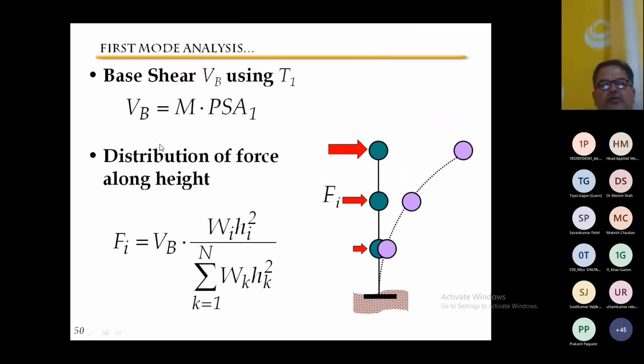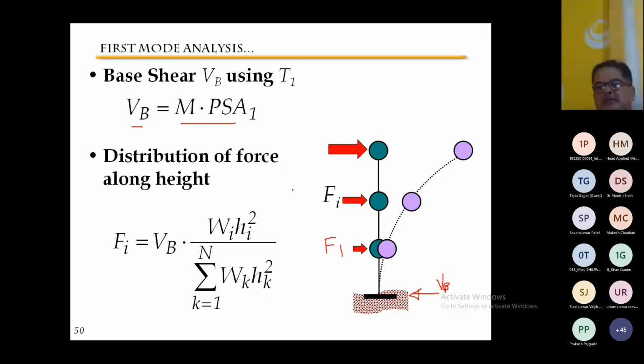So what we do, we calculate the base shear. The base shear is mass into acceleration, right? So we calculate the mass into acceleration, and this base shear is acting at the foundation level. It is at the base, right? And then this base shear is divided into the story forces or lateral forces at the story level.